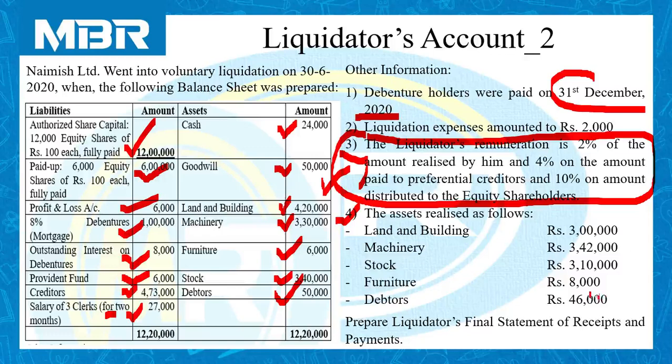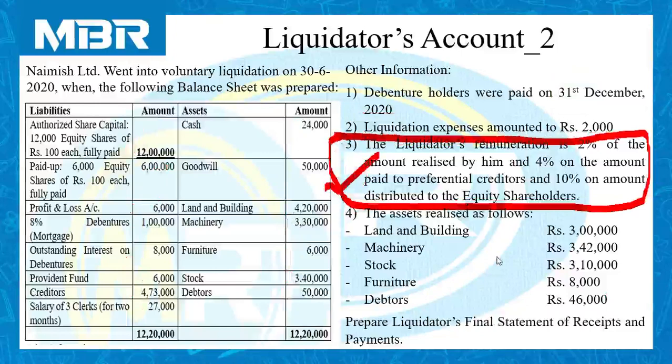In this question, all other information is given to us in a ready-made form, but we need to calculate information related to liquidator's remuneration in detail, and this is one of the most important adjustments for this question. After discussion of the question, let us move to the solution of this problem.